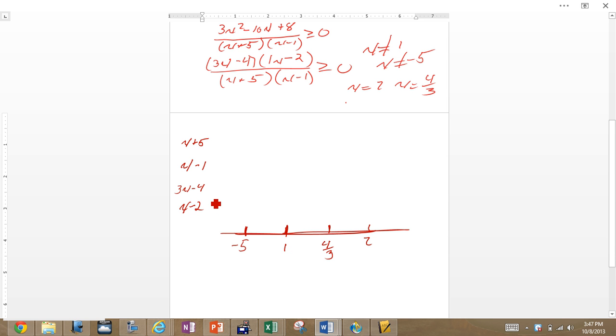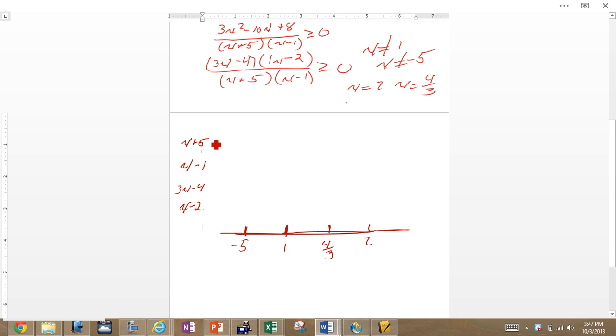Now, notice that these numbers appear as if they were on the x-axis, in order from left to right, increasing from negative to positive. What I'm interested in is what's going on left and right of each of these numbers, not at these numbers, because I know each of these factors will be 0 at those numbers.